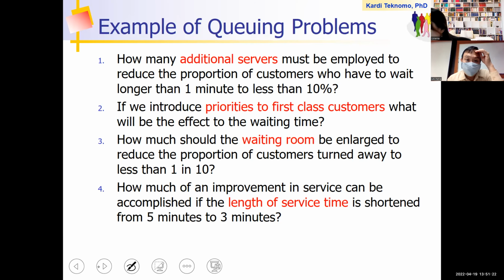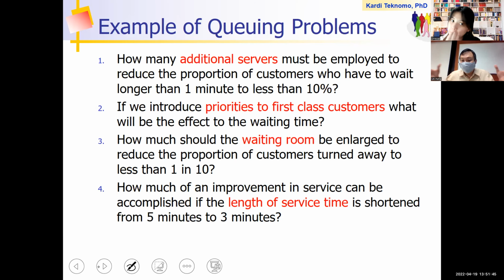So here are examples of queuing problems. We want to know how many additional servers must be employed, for example, to reduce the proportion of customers that have to wait longer than 1 minute to less than 10%. If we introduce, for example, priority to the first class customer, what will be the effect on waiting time?